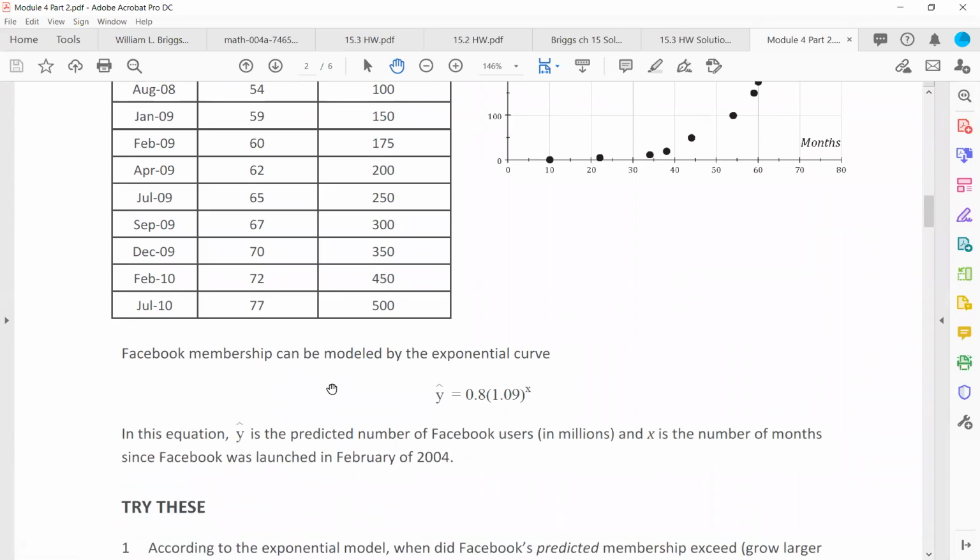So in this example, the exponential model is given to us. Facebook membership can be modeled by the exponential curve y hat equals 0.08 times 1.09 to the x. Let us take a look at the board.